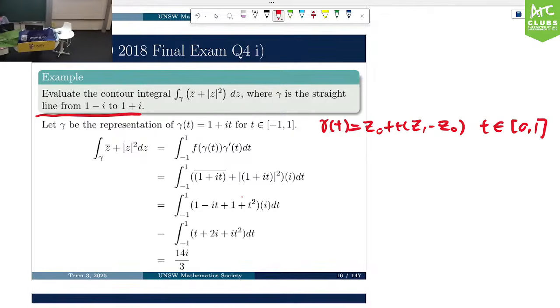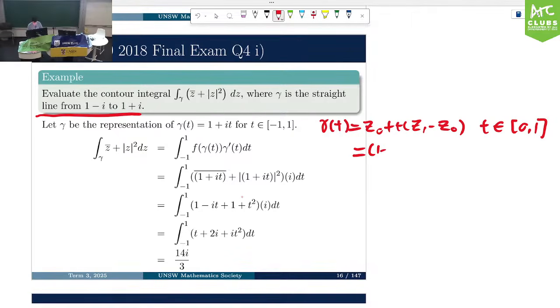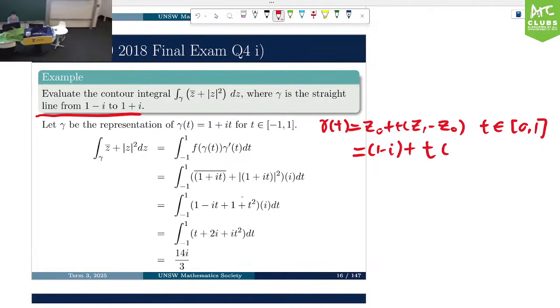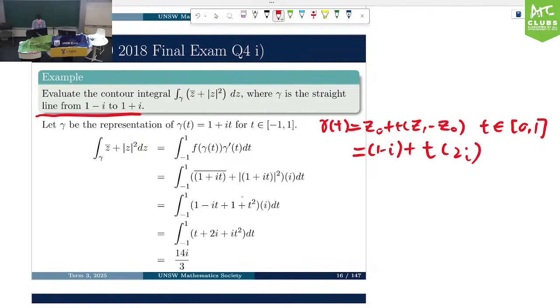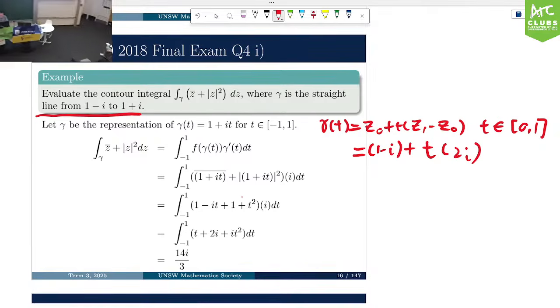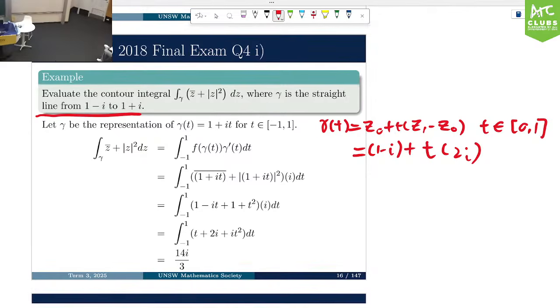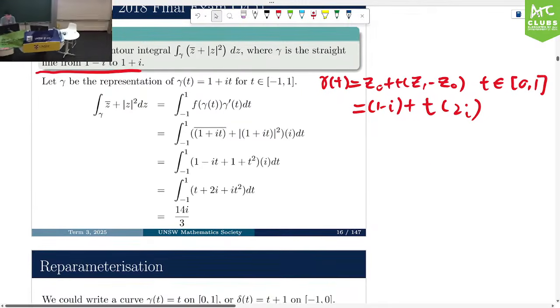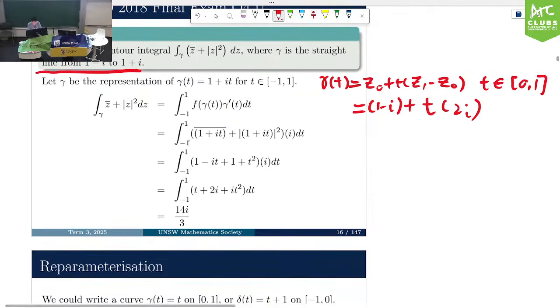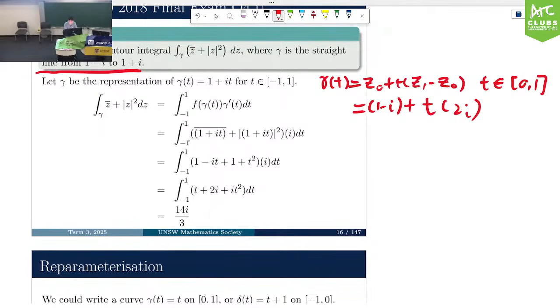In this case, z0 is given by 1 minus i, plus t times (z1 minus z0), so 1 plus i minus (1 minus i), which is 2i. Yep, and so that's our parameterization. And just differentiate and chuck everything into this integral, and integrate it as we would for a real number. So chuck it in, rearrange, integrate. We get 14i over 3.